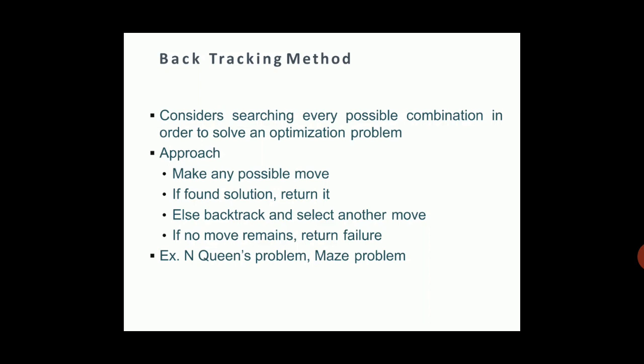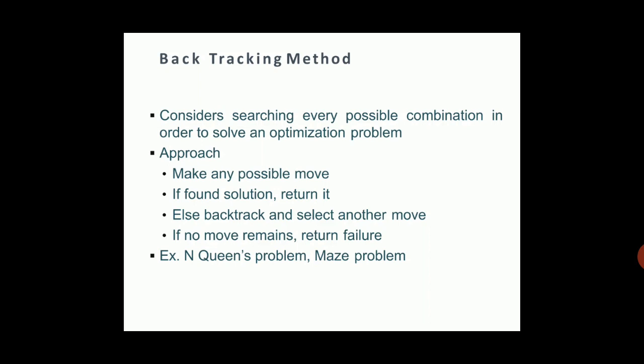The approach is: we make any possible move, and if it gives a solution, return it; else backtrack your path, select another move and another path, and find the next solution. If the moves remain a failure, then return. Examples of this are the n queen problem and the maze problem.